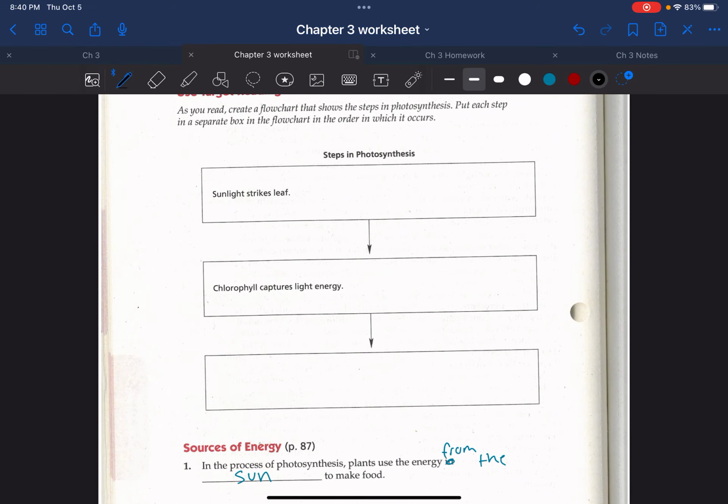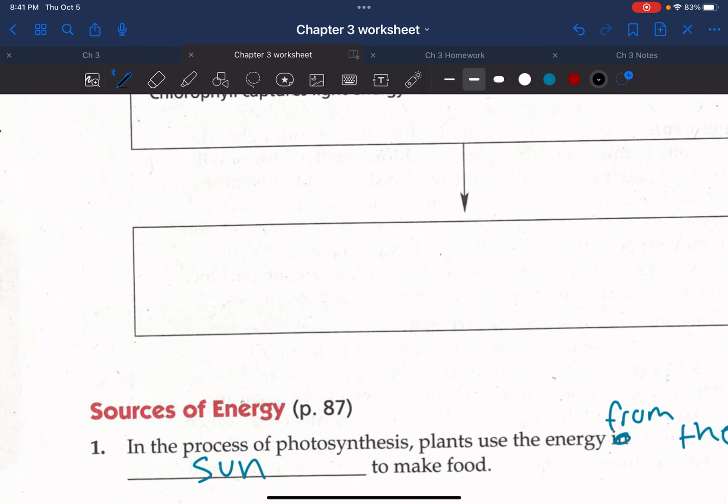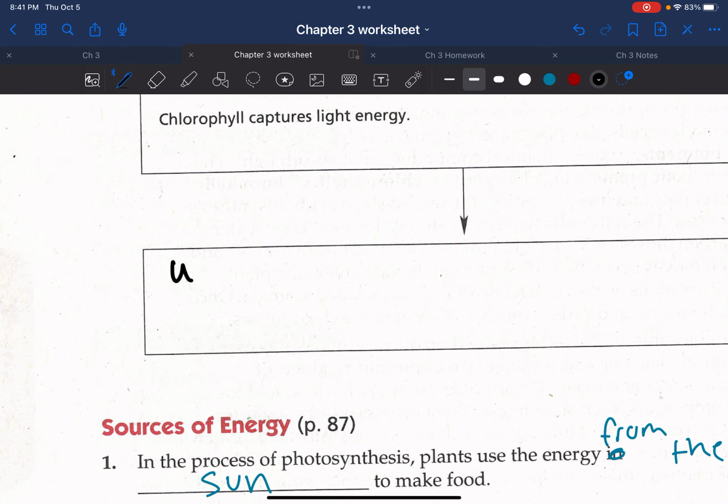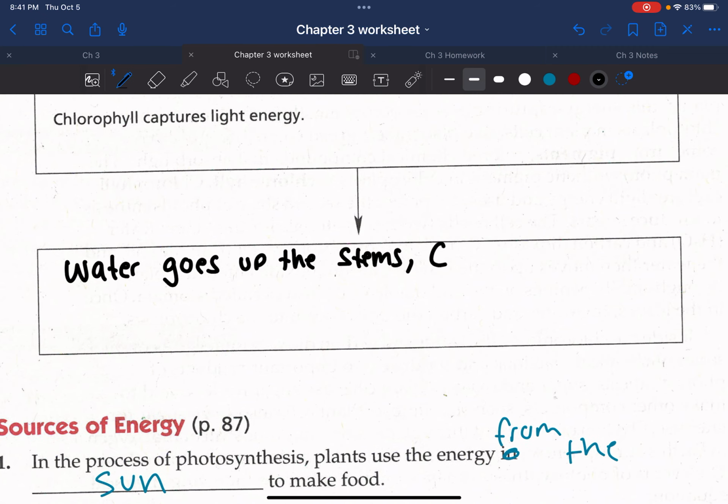Steps in photosynthesis. The sunlight strikes the leaf. The chlorophyll captures the light energy. And then what? Water goes up the stem. CO2, which is carbon dioxide, goes through the stomata.